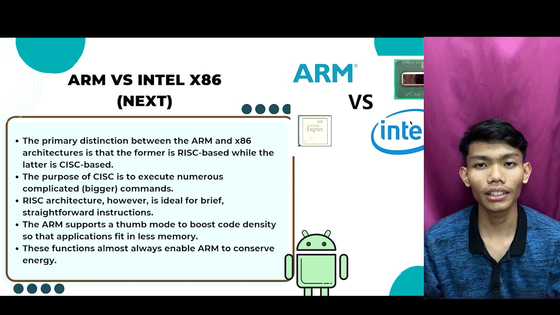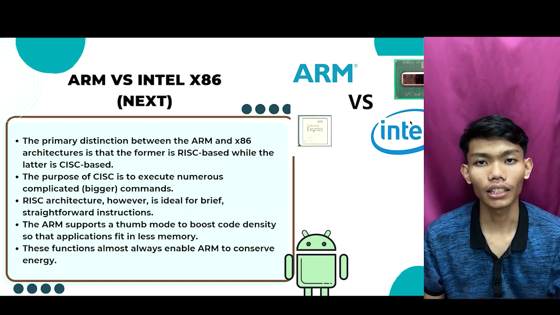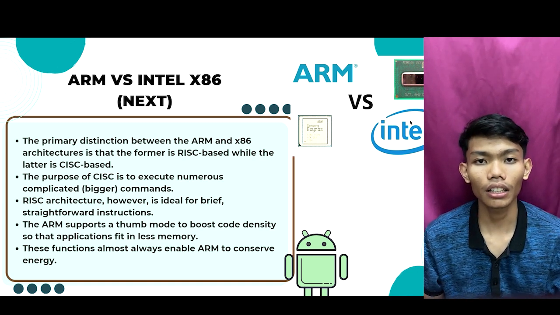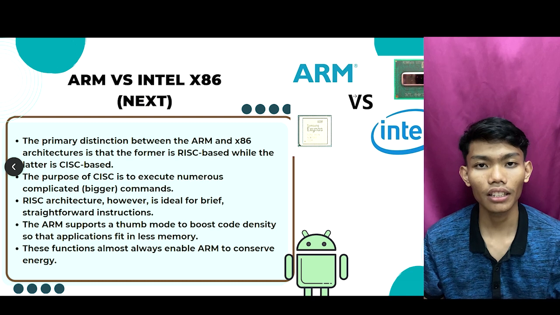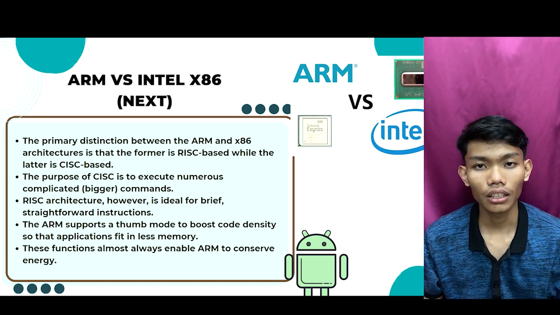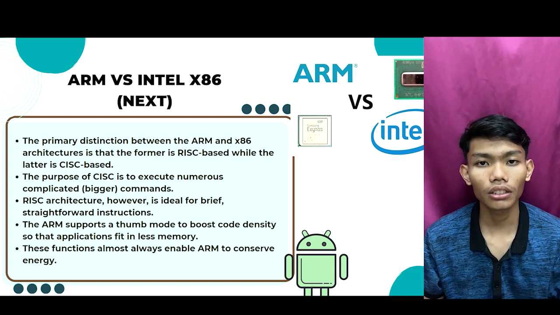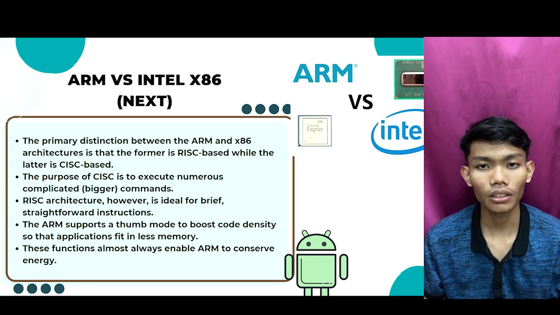ARM versus Intel x86, next. The primary distinction between the ARM and x86 architectures is that the former is RISC-based while the latter is CISC-based. The purpose of CISC is to execute numerous complicated, bigger commands.